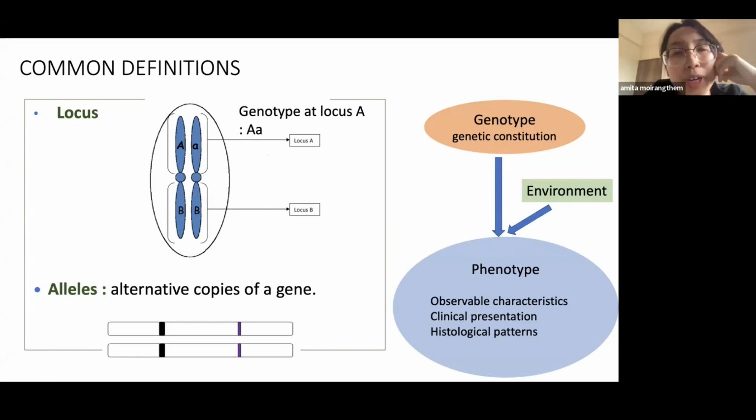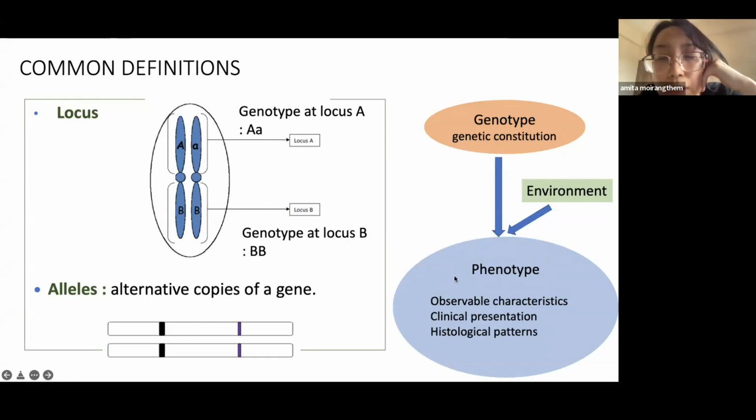Genotype means the genetic constitution of that particular individual at a particular locus. The effect, result, or manifestation of the genotype, which is modified by additional environmental factors, is the ultimate result that we see, and that is what is known as the phenotype.